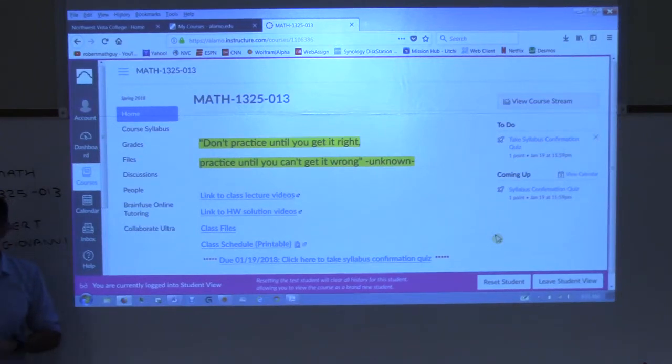Normally, I teach the calculus sequence, Cal 1, Cal 2, Cal 3, and then also pre-cal. So I'm actually excited about this class a little more than I was the 1324 because we're actually going to do calculus in this class. So I'm excited for that.